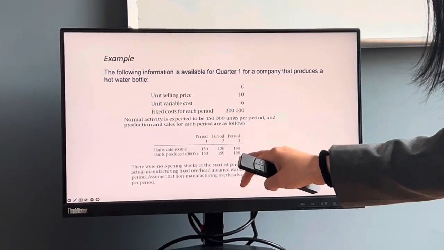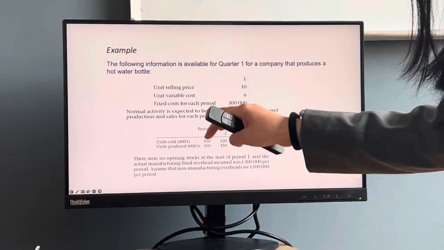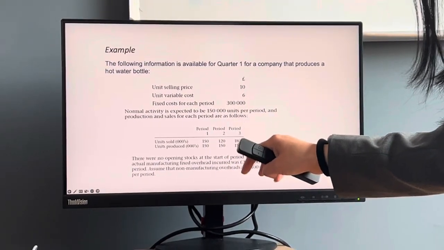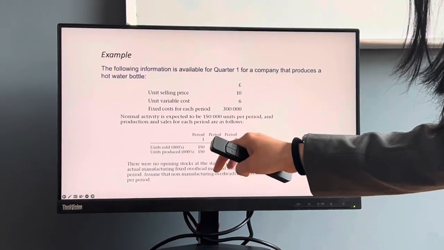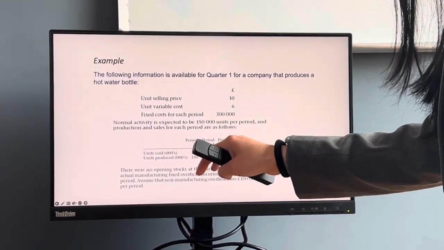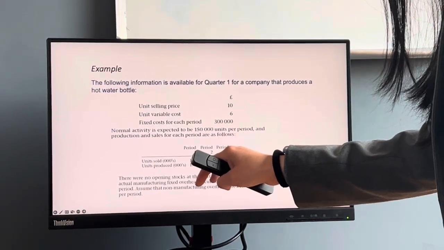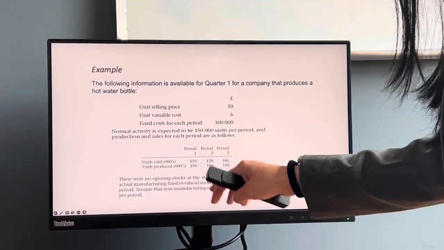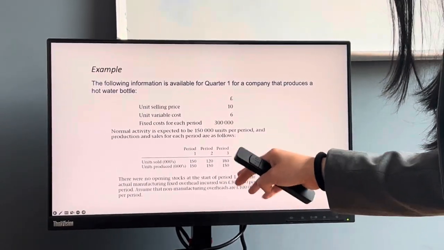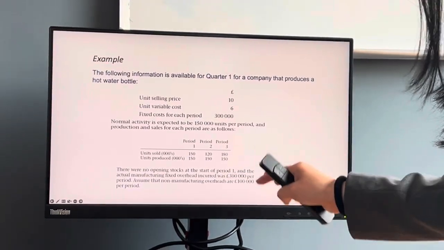For the information given here on sales and production level, we have a production level for each single period from period 1 to 3 of 150 units. We also have the same production and sales level in period 1 of 150 units, but we produce more in period 2, sell more in period 3, and there are no opening stocks at the start of period 1.